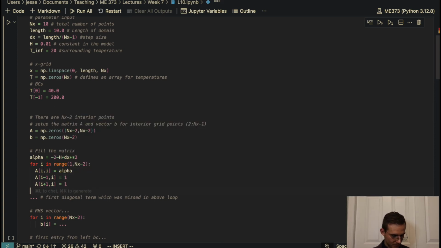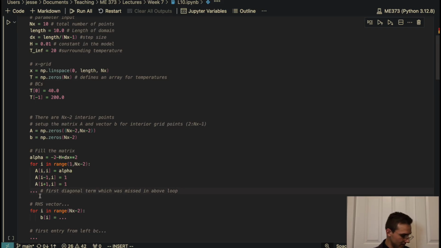Okay, so nothing crazy there. And then we didn't loop, we skipped the first row here because it's different, of course. And so the first diagonal term got skipped in that loop. And so we're left with the following.